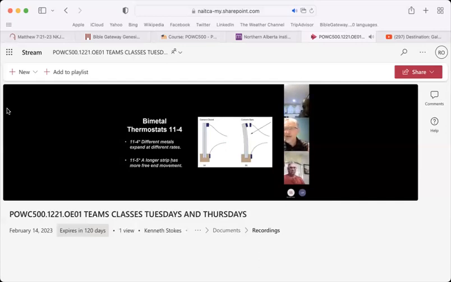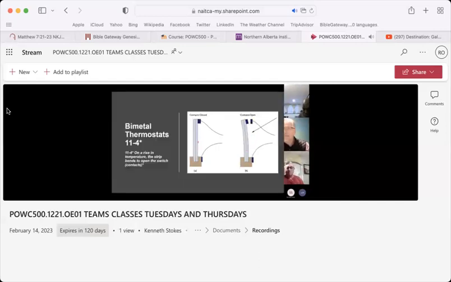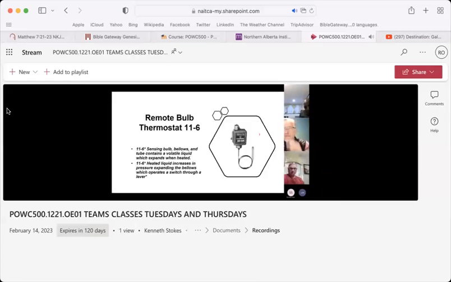Different metals expand at different rates. Longer strip has more free end movement. So if this is a longer bimetal thermostat, it's going to move more out at the end here. On a rise in temperature, so cool temperature over here, temperature rises, it opens the contacts to turn off the heat source.